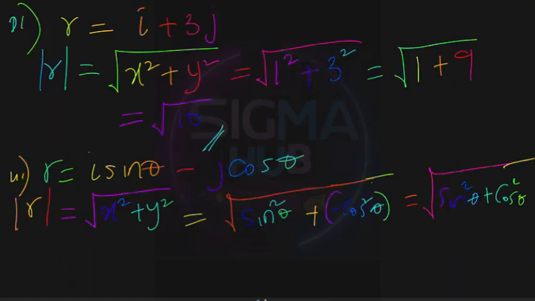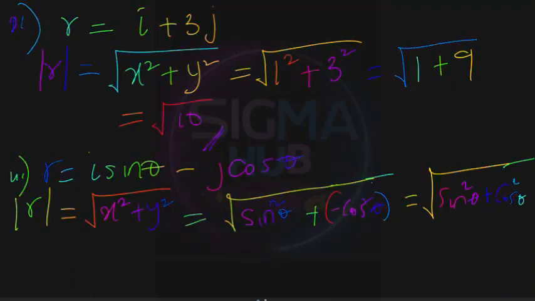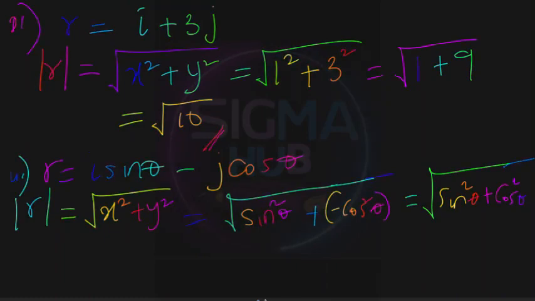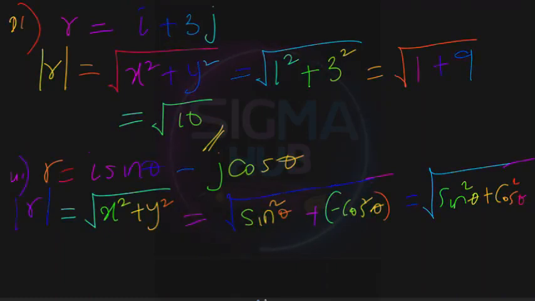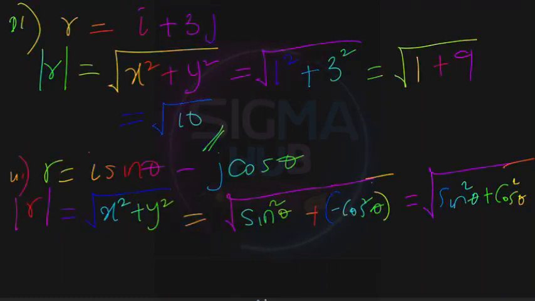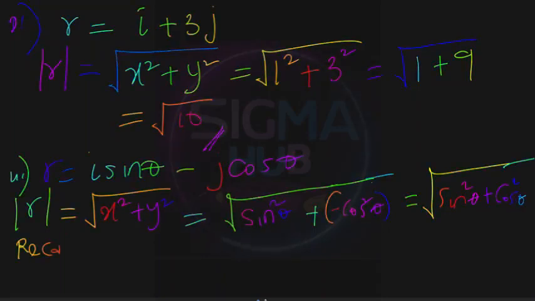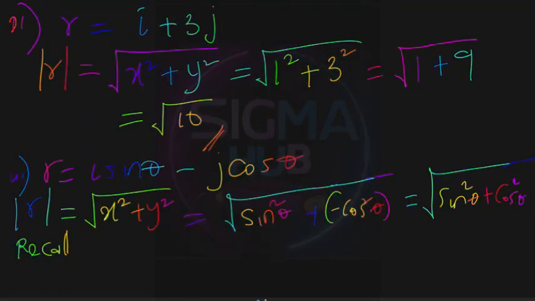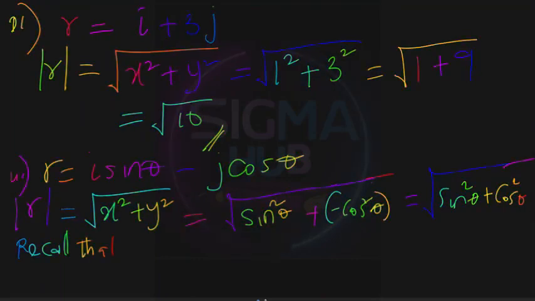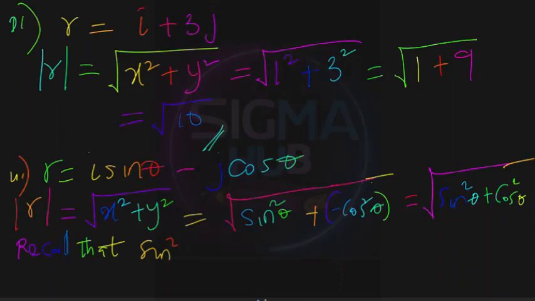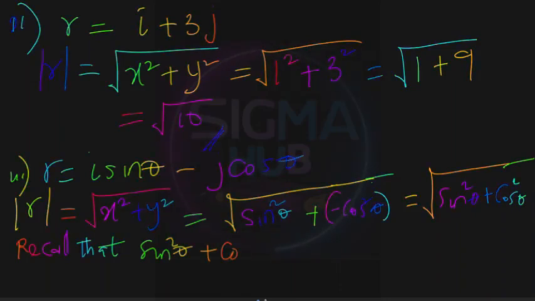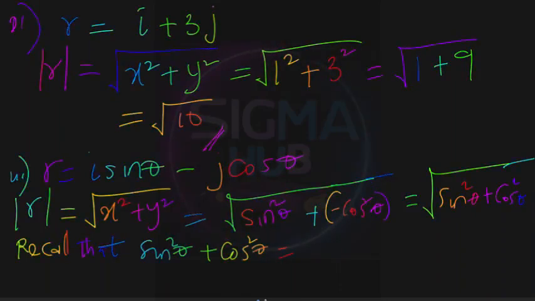So sine square theta plus cos square theta, if you try to remember when you were doing trigonometric identities, recall from trigonometric identities that sine square theta plus cos square theta equals 1.